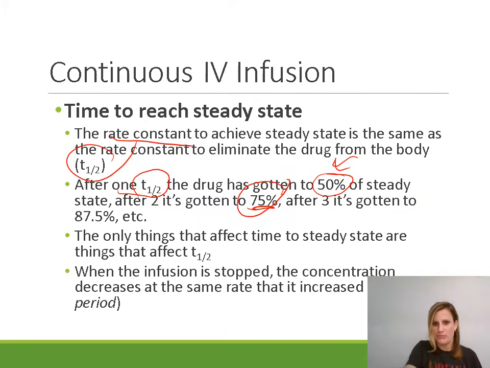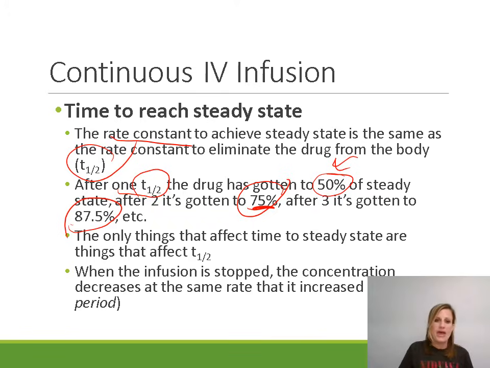So like before it went up by 50, then it went up by 25. Now it's going to go up by half of 25, so 12.5. 75 plus 12.5 is 87.5. Now it's going to go up by half of that. So half of 12.5 is 6.25, right? Then it's going to go up by half of that.